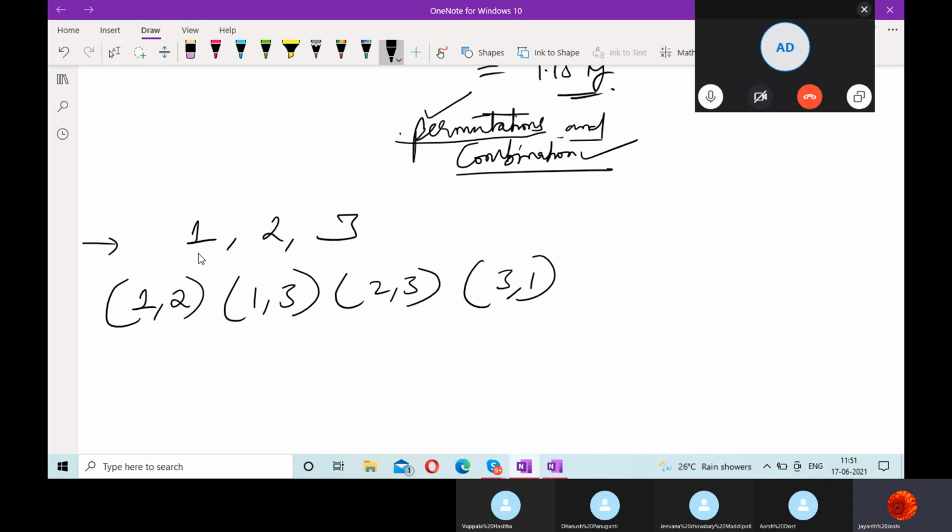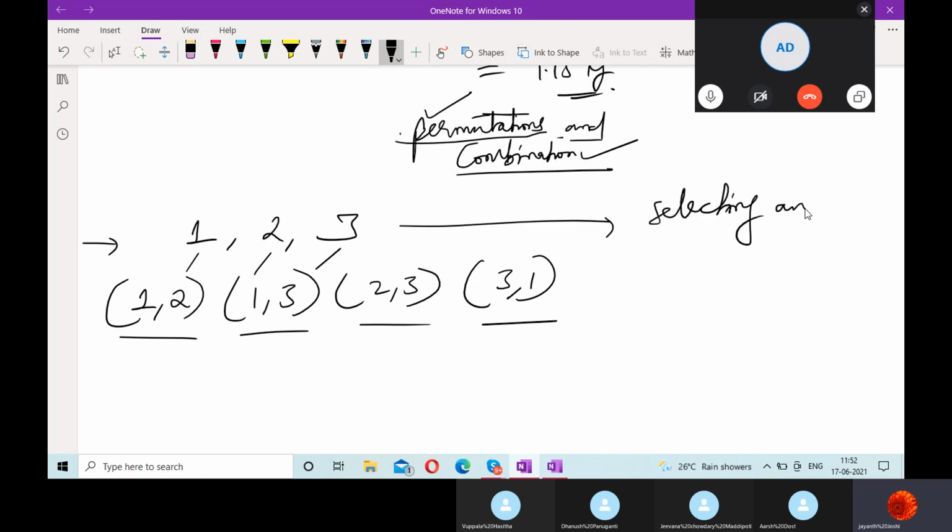Since you are selecting numbers out of this and making groups, what are you doing? Selecting and making them groups in this way.